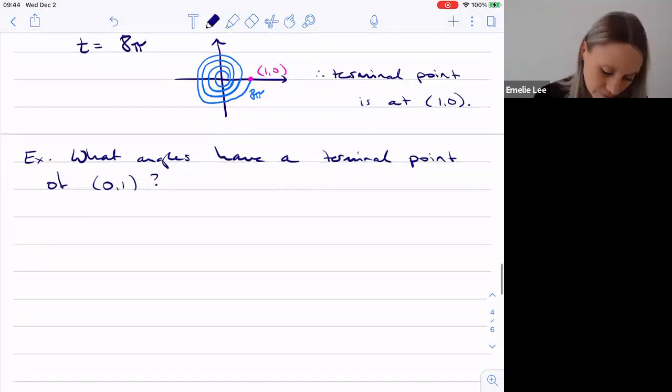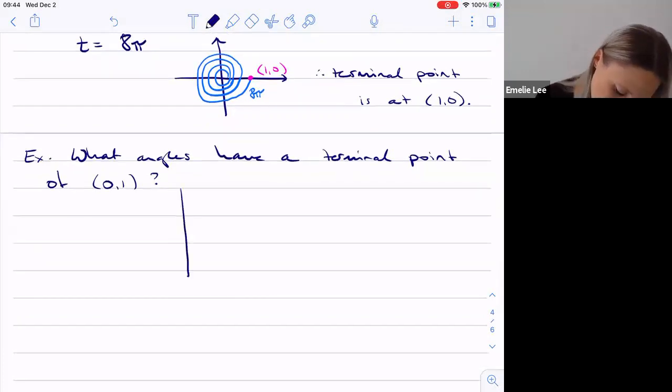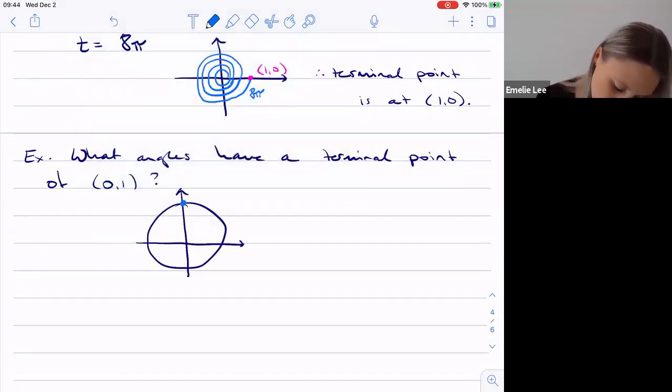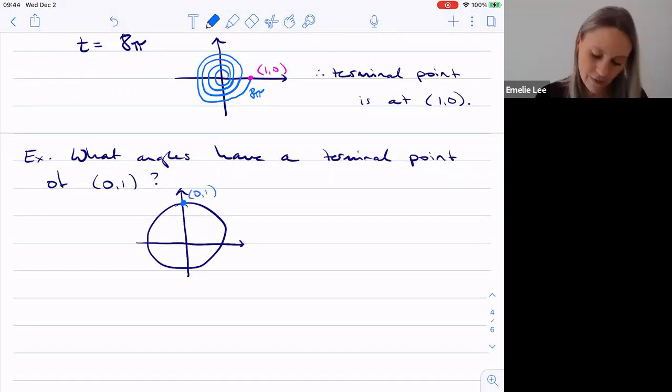Okay, so I can map it out again. I know here is 0, 1.